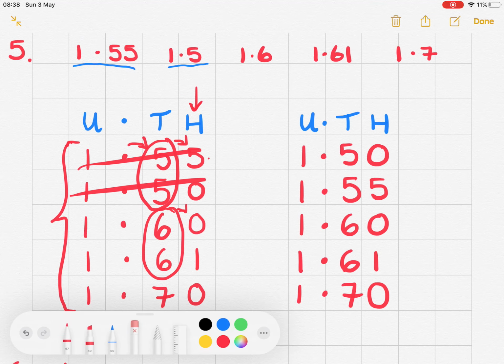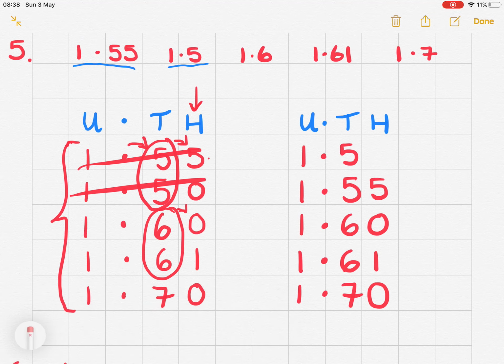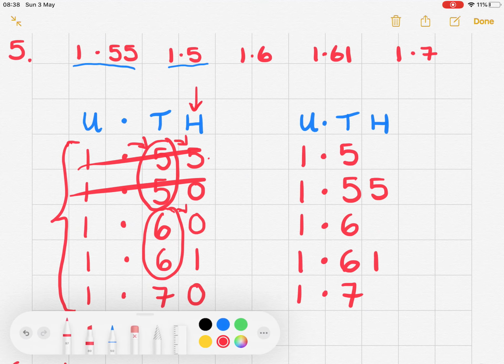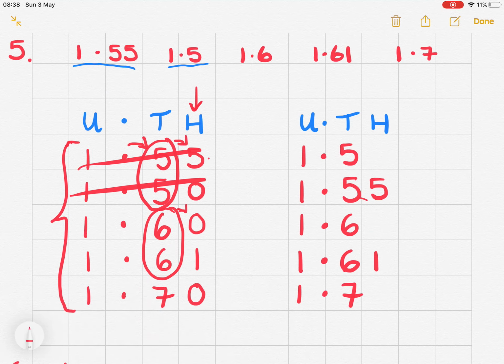And what we can do is we can then take off the zeros that we put on. So the correct order is 1.5, 1.55, 1.6, 1.61, 1.7. Okay, they're the only examples I'm going to go through just now.